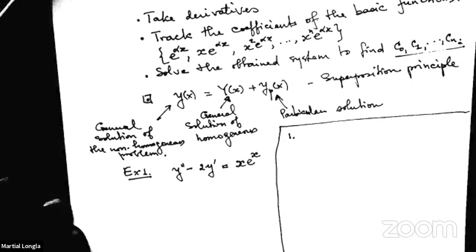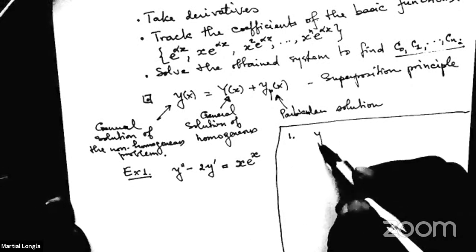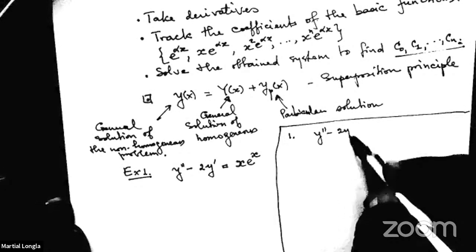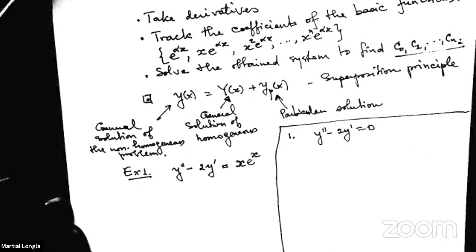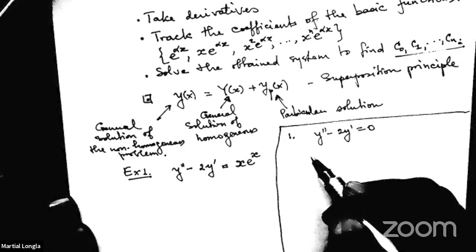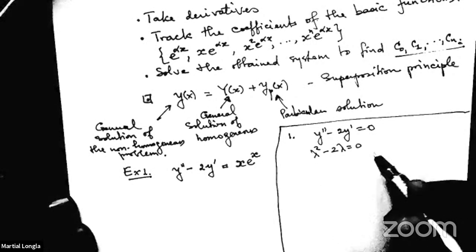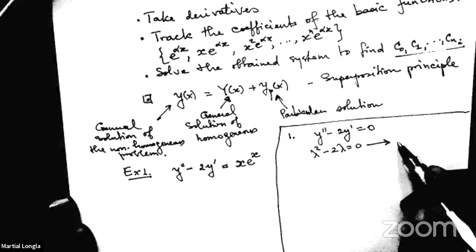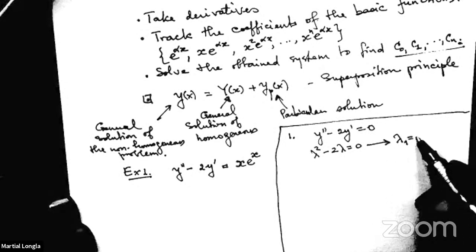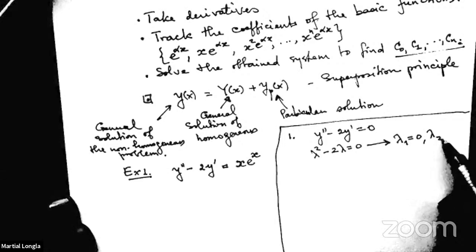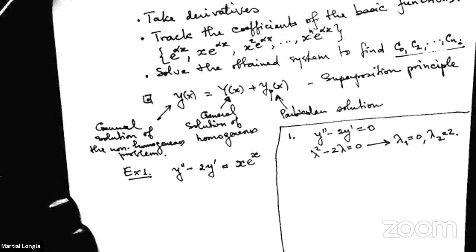First step, write down the homogeneous problem. Solve this homogeneous problem. How do we solve this? Get the Euler equation, lambda squared minus 2 lambda equals 0. Solve it using any method you want. Lambda 1 equals 0, lambda 2 equals 2. So you got the two solutions.